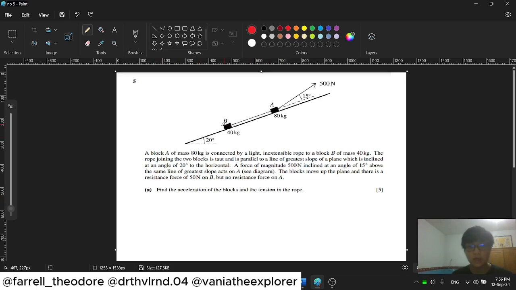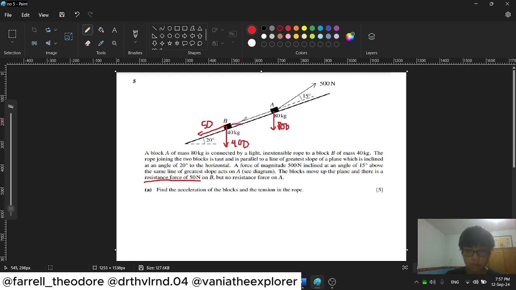So first we have to draw on the diagram every force that is given to us, which is first the resistive force of 50 newtons on B. It could be friction or air. Next we draw the weight of each of these blocks, with B being 400 newtons and A being 800 newtons.